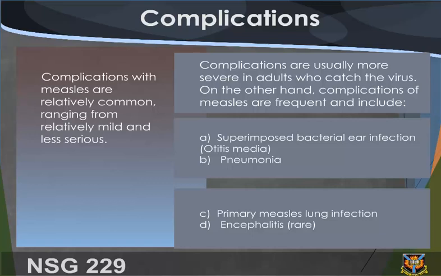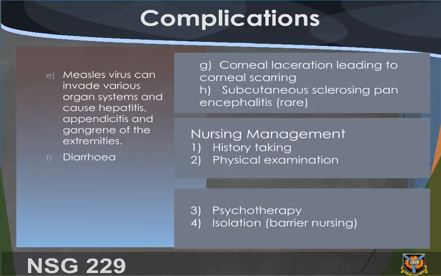B. Pneumonia. C. Primary measles lung infection. D. Encephalitis, rare. E. Measles virus can invade various organ systems and cause hepatitis, appendicitis, and gangrene of the extremities.